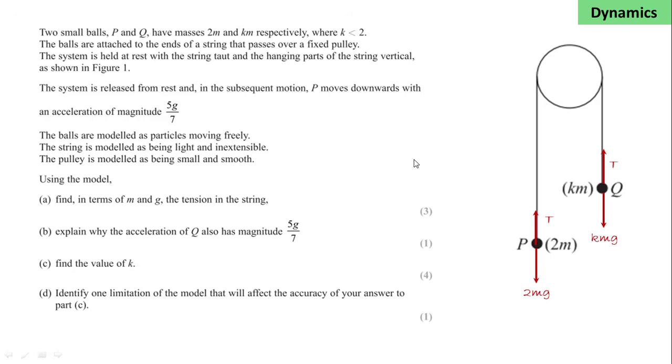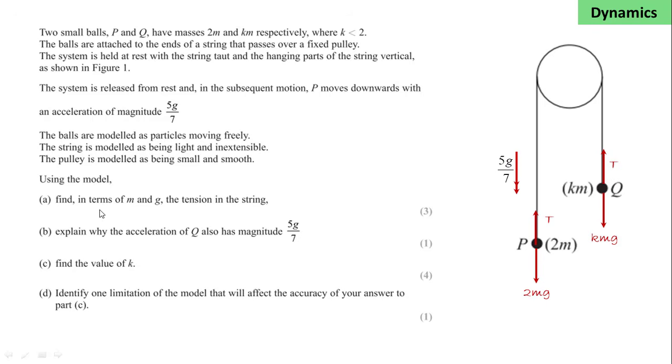So as it's a smooth pulley, the tension will be the same both sides, so we can mark on the tensions T. We're also told that the system is released from rest, and in the subsequent motion P moves downwards with an acceleration of 5g over 7.